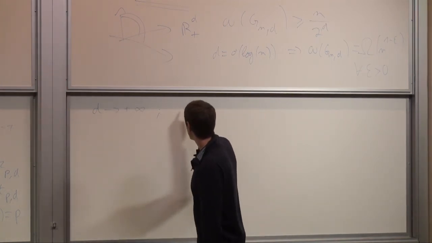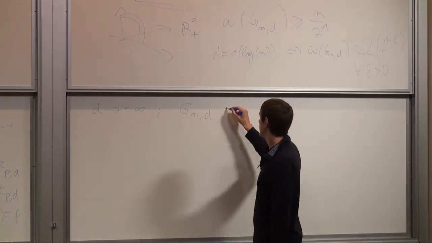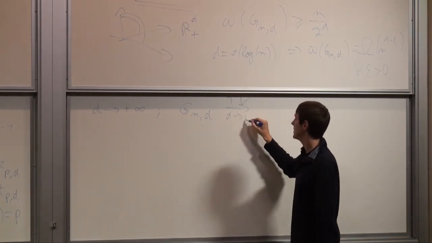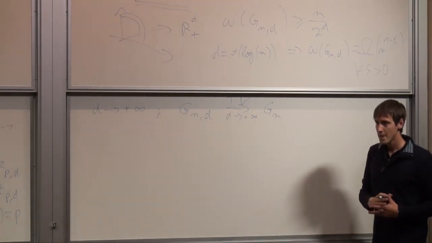So what you can show is that in terms of distribution, G(n, d) tends in total variation, as d goes to infinity, to an Erdős-Rényi graph.